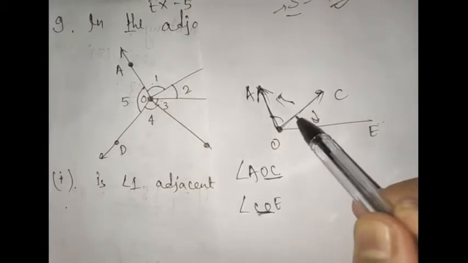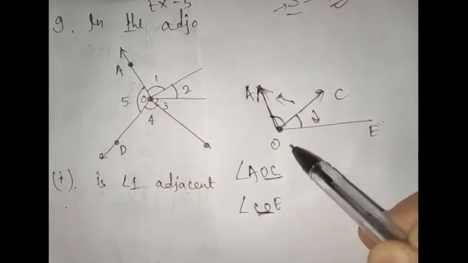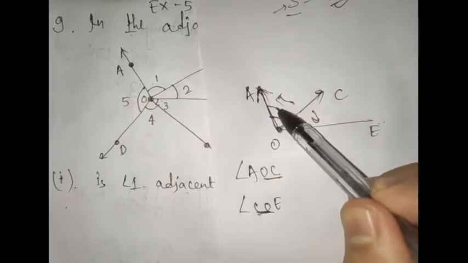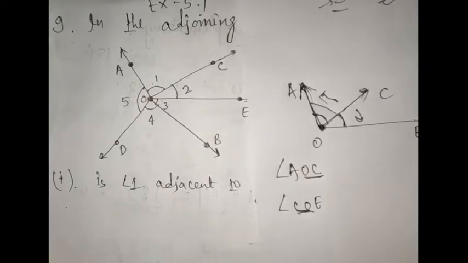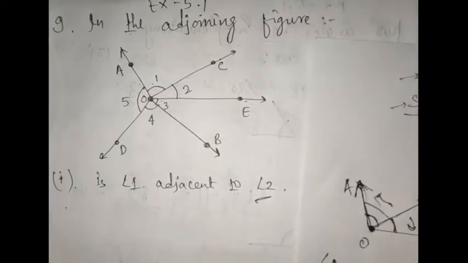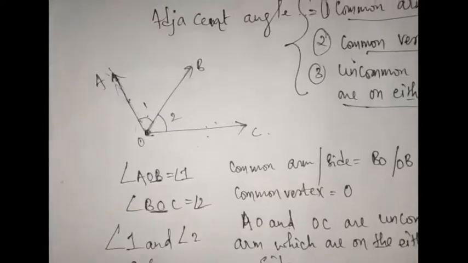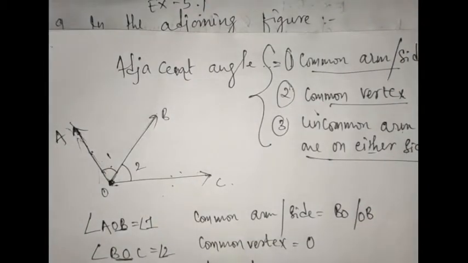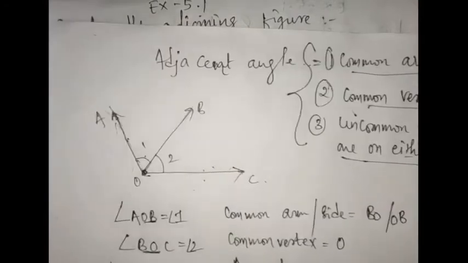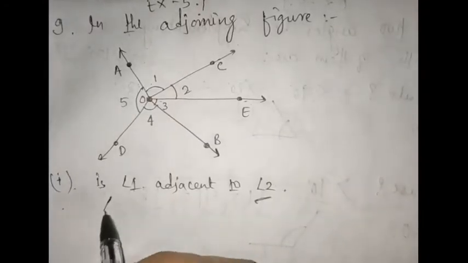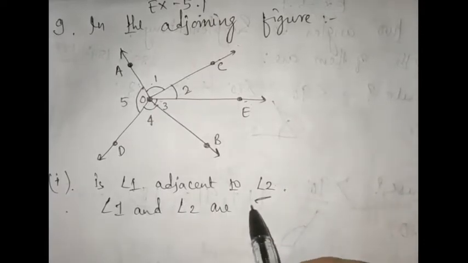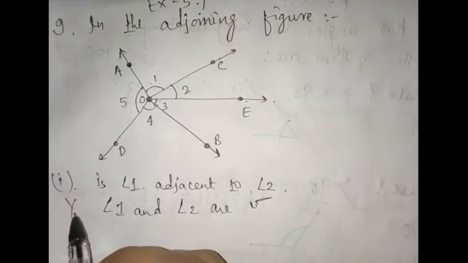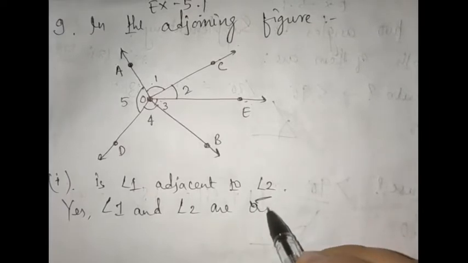The angles are not getting overlapped, meaning this angle is not overlapping with that one. If these three features are fulfilled, then we can say they are adjacent angles. So we can write here: angle 1 and angle 2 are adjacent angles.